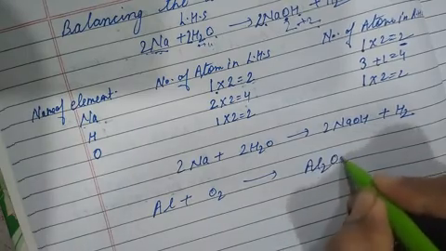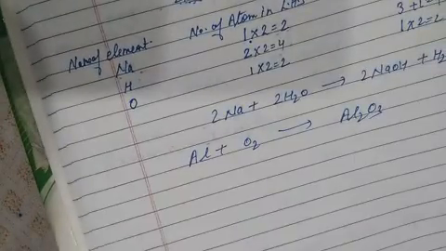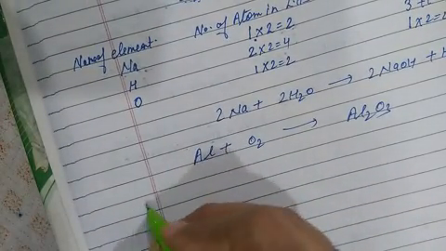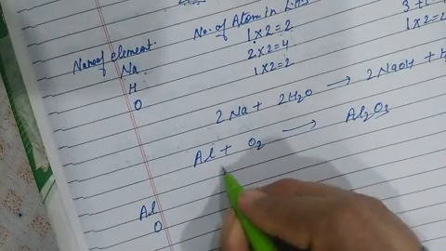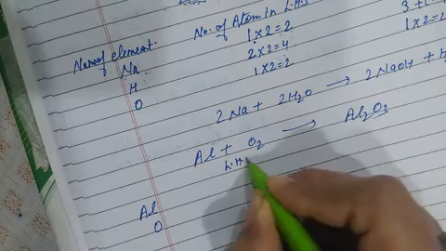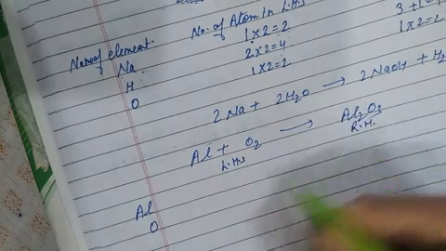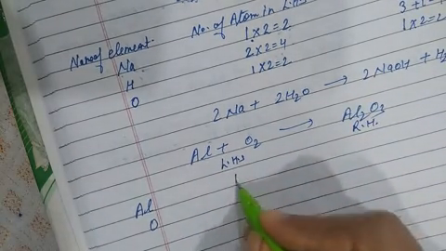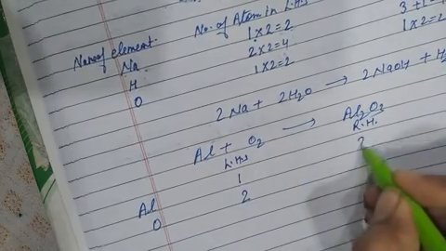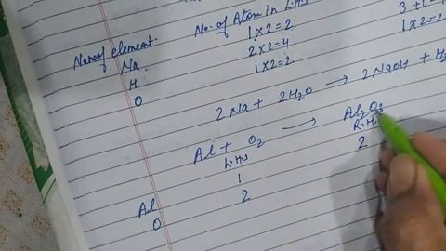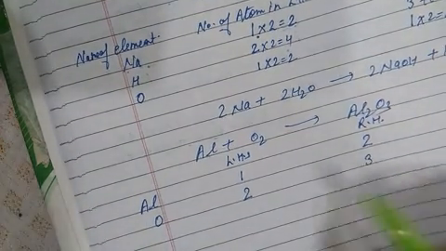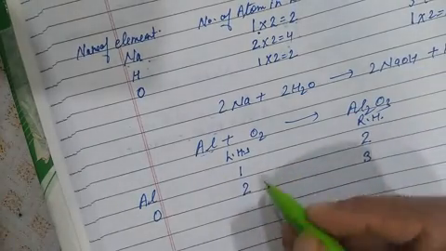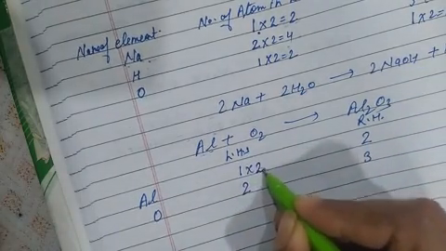Now we will take another example: when aluminium reacts with oxygen to form aluminium oxide. So what will we do? First write the element names Al and O and the number of atoms in LHS side. Count. Here is 1, oxygen 2, here is 2 and here oxygen atoms 3. Now what will we do? So students, you will see that here is only 1, so we multiply by 2.